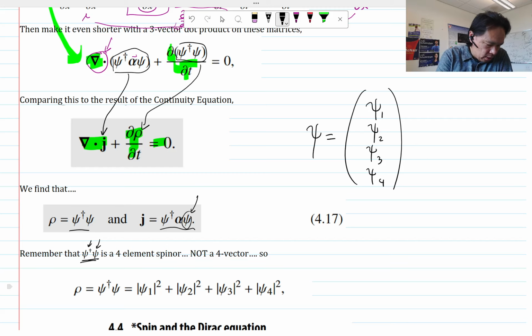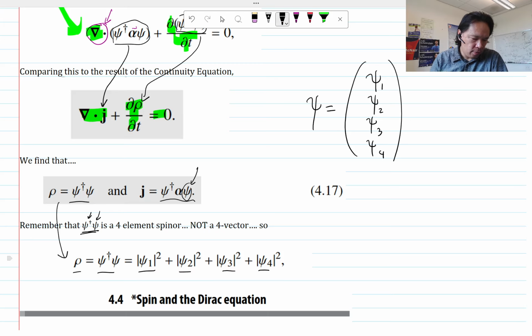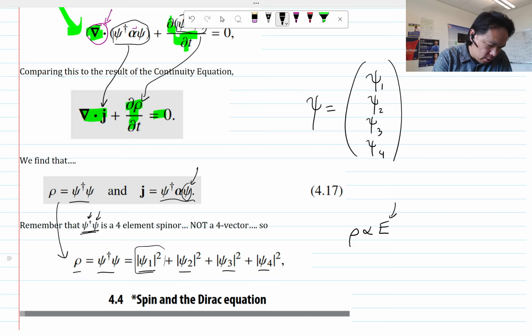So the probability density is actually going to be psi dagger psi, where it's just the magnitude of each of the wave functions squared. So unlike the Klein-Gordon equation, where we ended up with the probability density being proportional to the energy of the particle, and remember that sometimes this energy is negative, which gets you in trouble, in this case it's just the square of the wave function all added together.